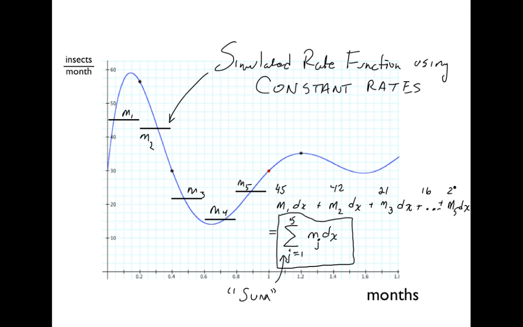So I'm going to take 45 times 0.2, 42 times 0.2, 21 times 0.2, 16 times 0.2, 23 times 0.2, and that's what this calculation is. Anybody remember about what that turns out to be? Did anyone do it this way? 131? Anybody else get something like that? So 133, sure, something like that.